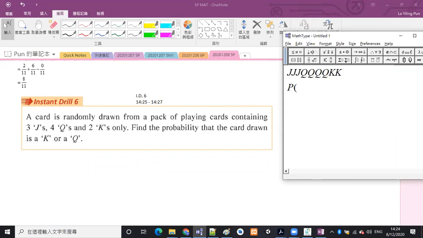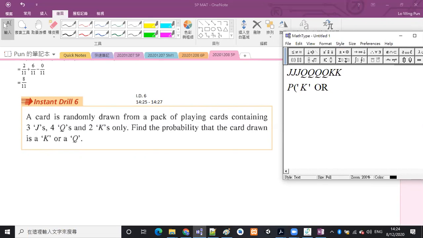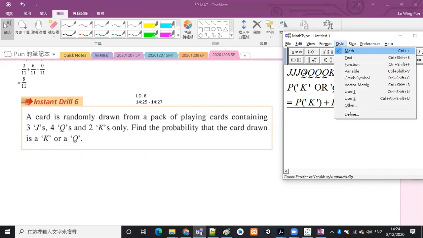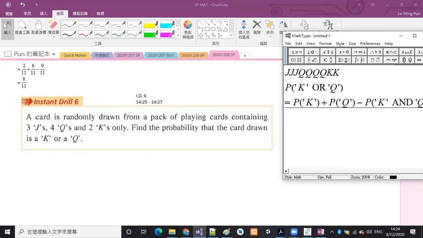The question asks us to find the probability that the card drawn is a king or a queen. It will be P(king) plus P(queen) minus P(king and queen).